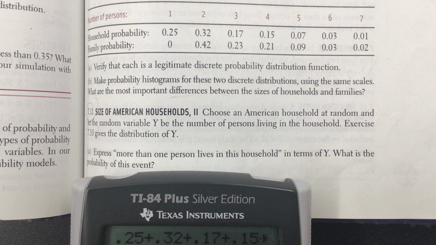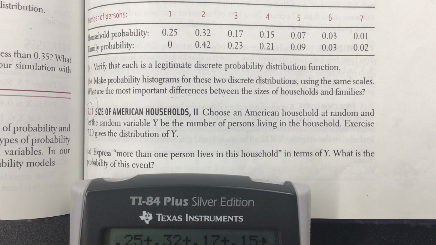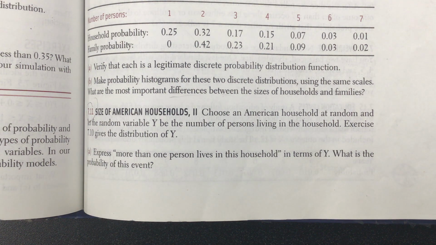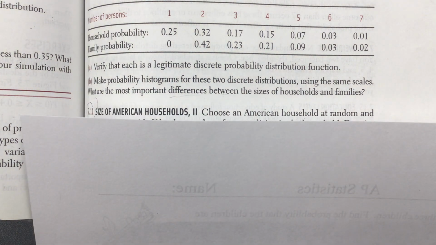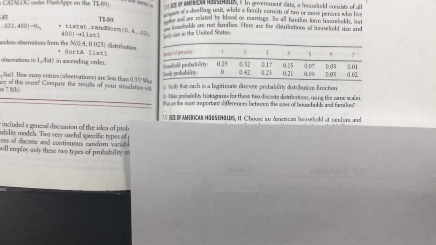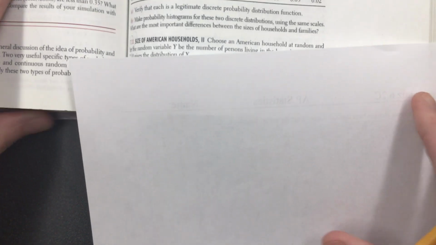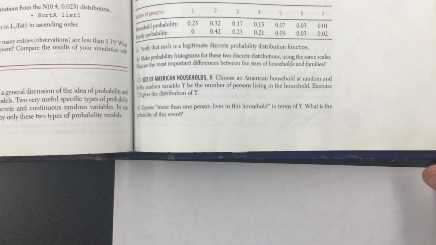All right, letter B, make probability histograms for each distribution using the same scales. So, zoom in a bit there. It's hard to fit this.